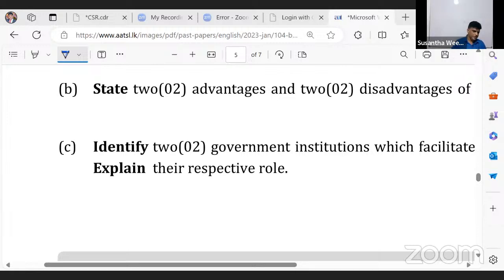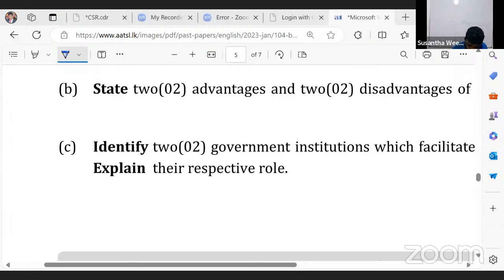The Consumer Affairs Authority is responsible for protecting consumer rights. That is protecting consumer rights. That is one institute.